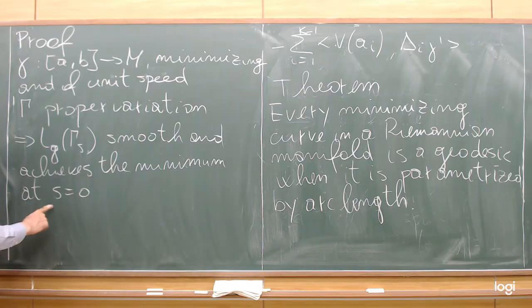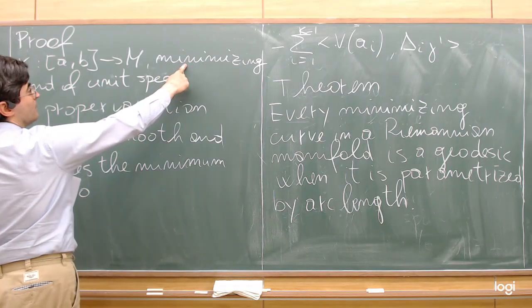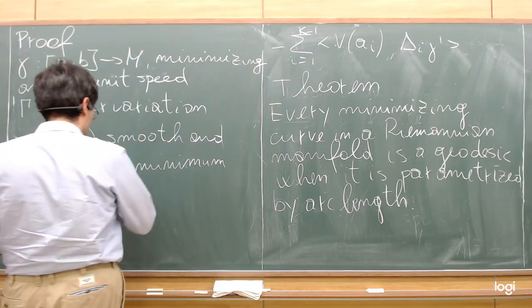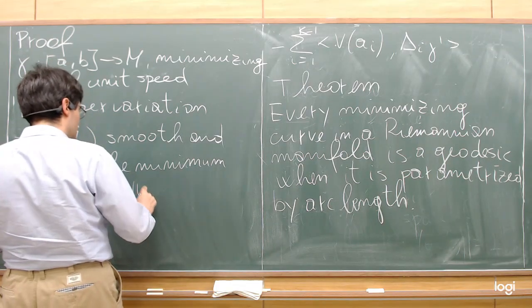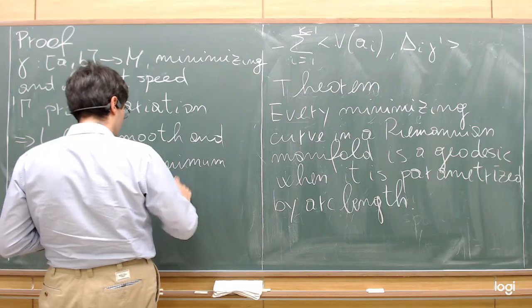The reason why this is true is that gamma is minimizing and gamma 0 is gamma.